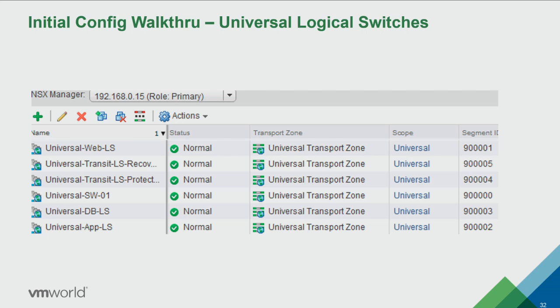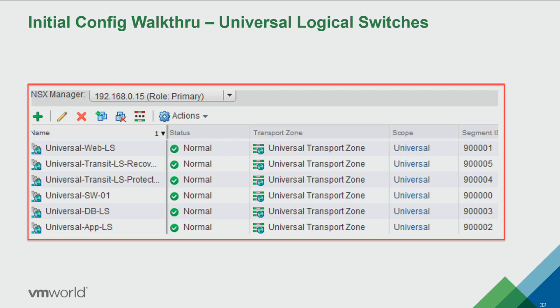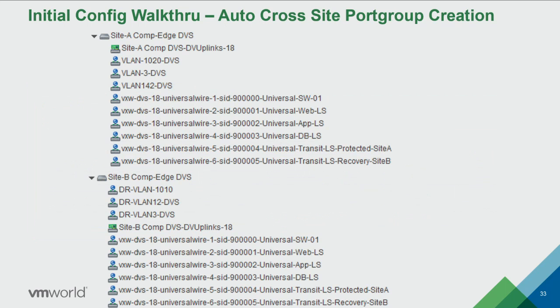So that's what universal logical switch gets you. And I have my 3-tier app on 3 universal logical switches, web, app, and DB. And I have transit logical switches, which is where the logical router and edge gateway are doing route advertisement and adjacency.